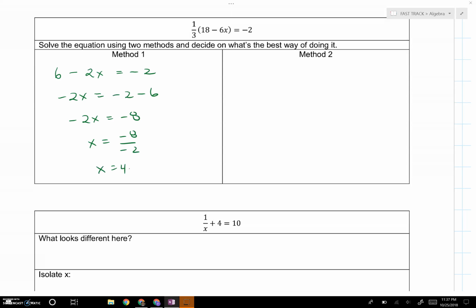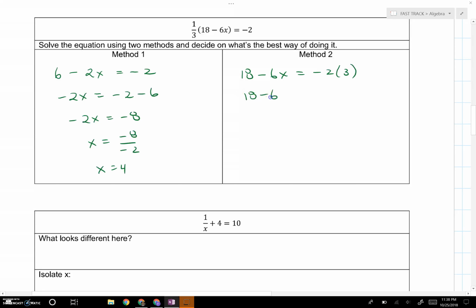In fact, many of you will do it that way because you got used to distributing whatever was in front of the bracket. Now, option number 2 is here I'm dividing by 3. So the opposite of dividing by 3 would be to multiply by 3. So if I did this, 18 minus 6x is negative 2 times 3, like this, and so I moved the 3 to the other side by performing the opposite operation.